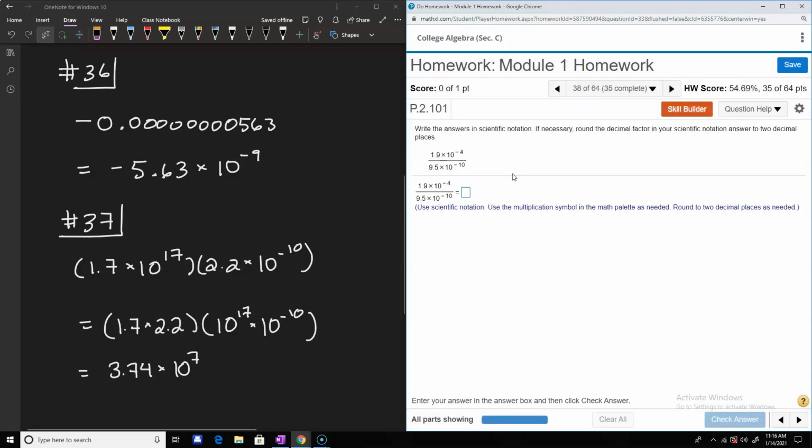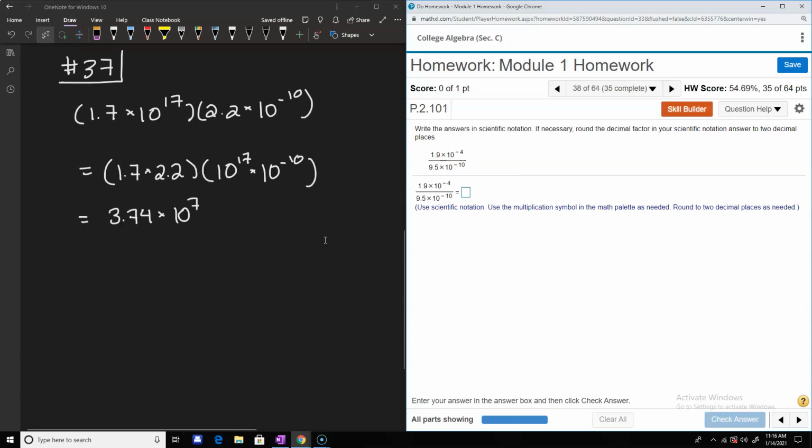Okay, so we have another one. This one is division. Again, remember with the tens, that just means we subtract their exponents. So number 38 here we have 1.9 times 10 to the negative 4th divided by 9.5 times 10 to the negative 10th.